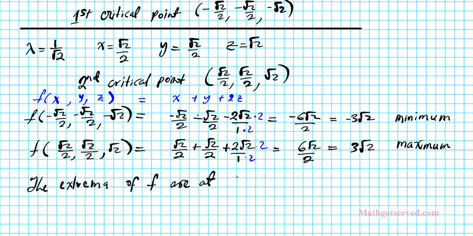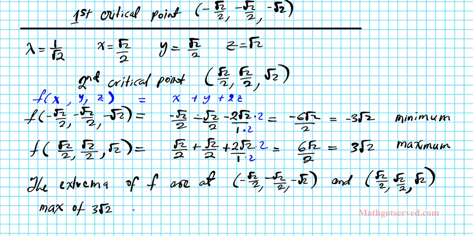They are at negative root 2 over 2, negative root 2 over 2, negative root 2, and root 2 over 2, root 2 over 2, and root 2. And then we have a maximum of 3 root 2, and a minimum of negative 3 root 2. Okay, so that's basically that.